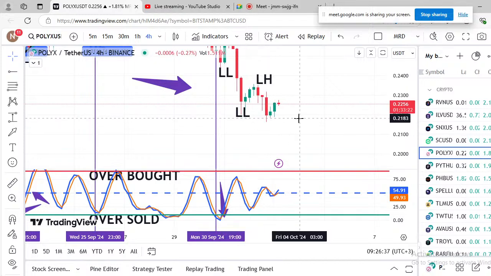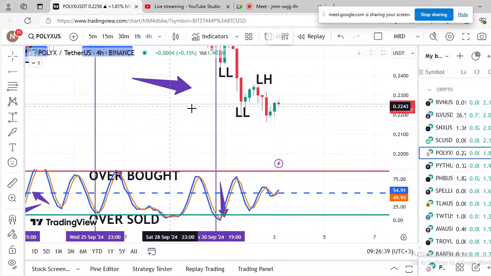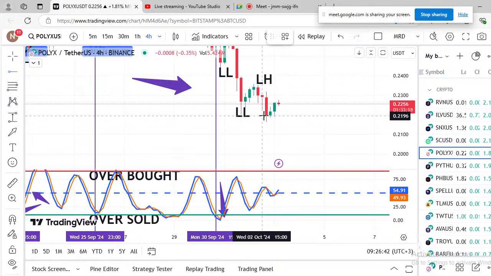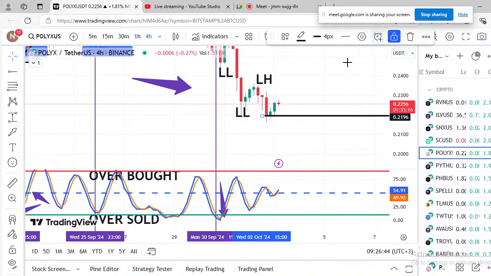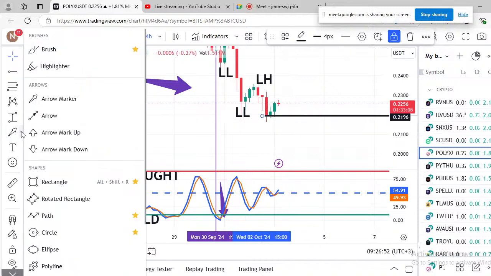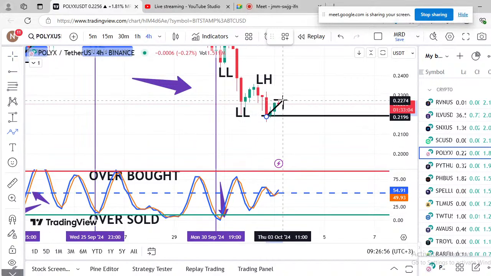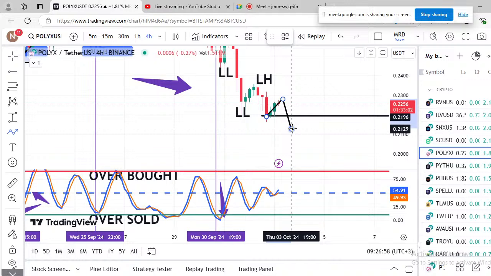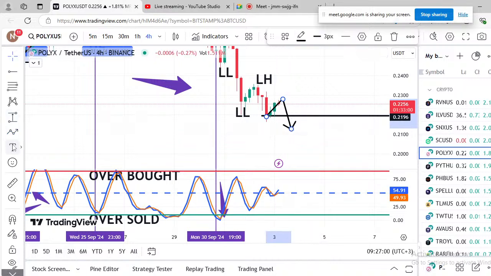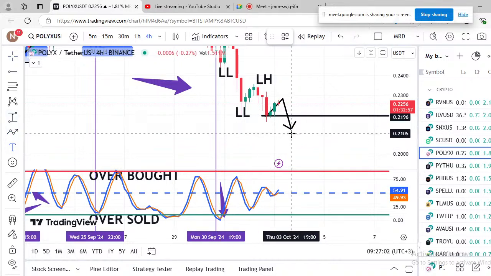This one is low. So when we draw line and we come and break, like this, now this is the current support we have. But if we come back and break it, it means we are going to form a new lower low. If we come back from here and we break, it means this one will be now a new lower low at this point.